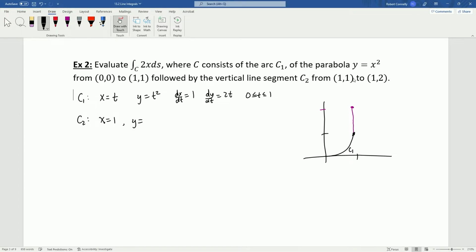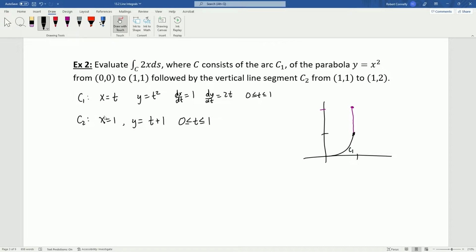And y is going from 1 to 2, and it should be increasing. I would say we'd want y to increase as t increases. So we want to start as t plus 1, and we want t to go from 0 to 1. So here, when t is 0, we get 1 for y, and when t is 1, we get 2. And that takes us from the point (1, 1) to (1, 2).